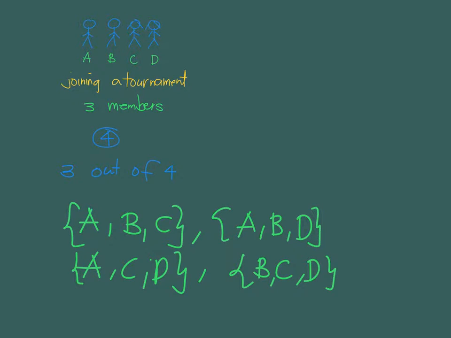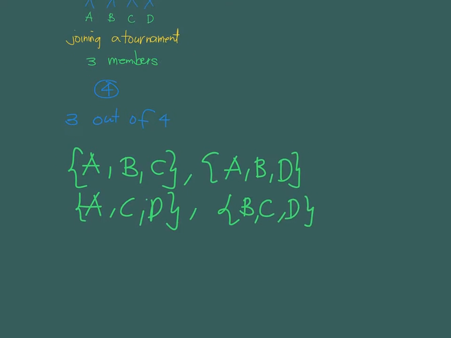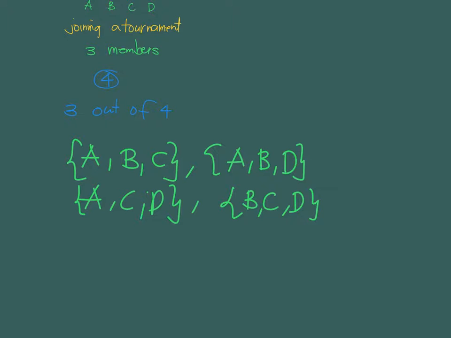So he could form four groups of three people coming from four people. Again, as you can see, it's still easy.